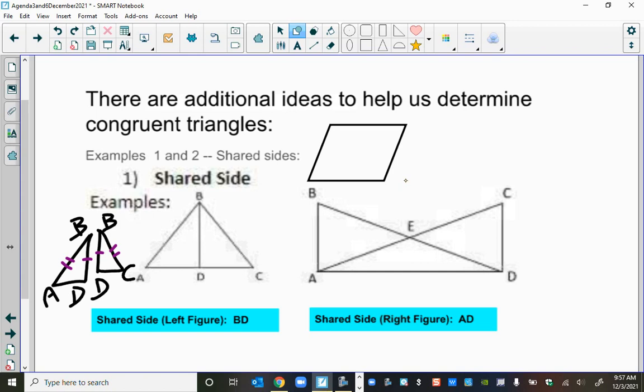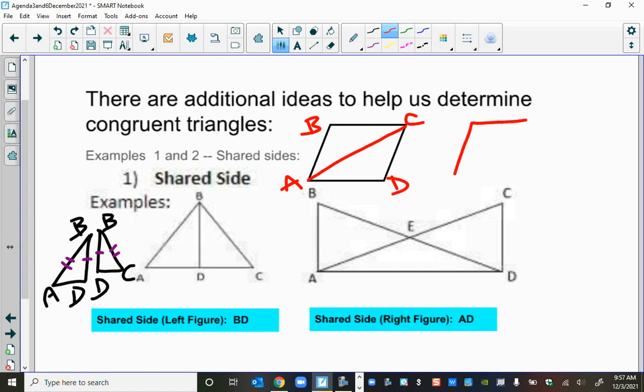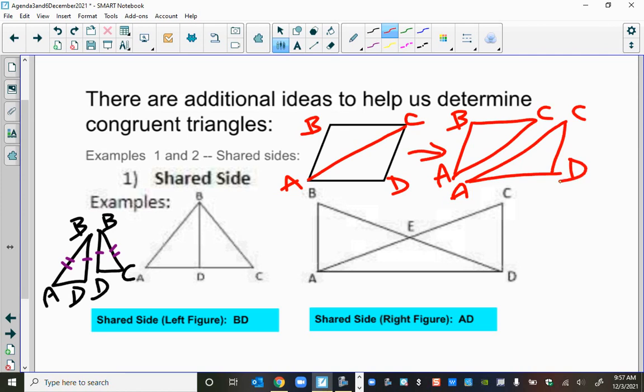Or it might look like this, where there's your line, so that would be A, B, C, D, but then it splits up: A, B, C and A, C, D. So I'm just going to delineate our diagrams here.